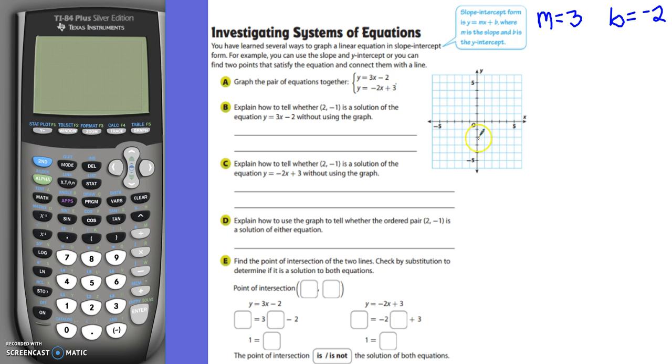So I'm going to start at negative 2 and make a dot. Then I'm going to go up 3 over 1. I could also go down 3 over 1. And then I'm going to connect the dots.